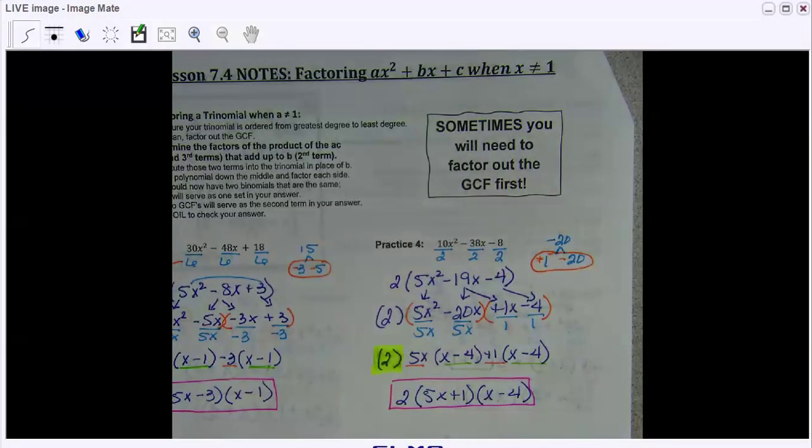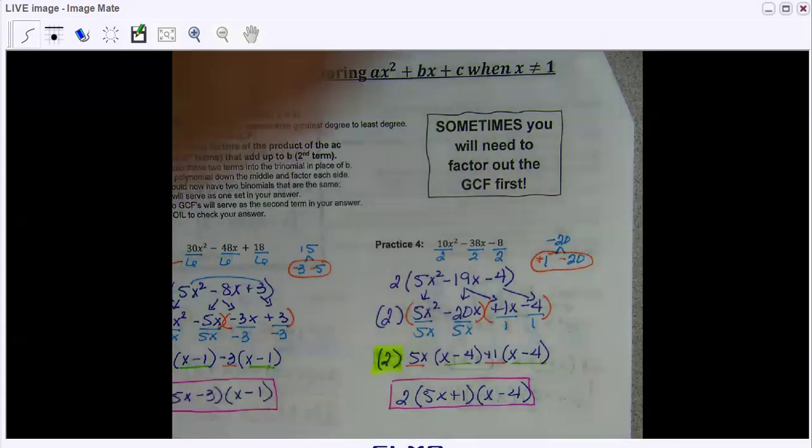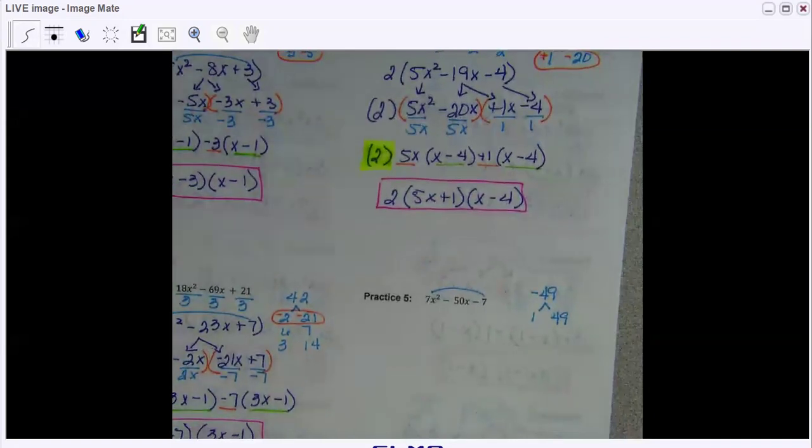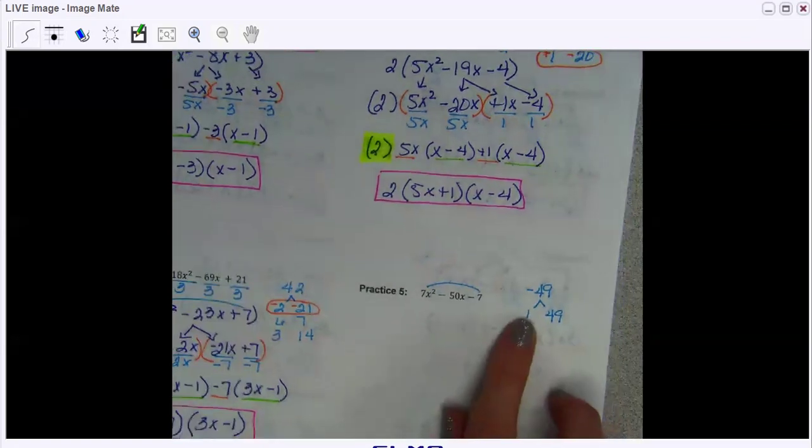Okay, here you go. Go ahead and check practice 4. All right, let's go down to practice 5. Did anyone try this one? Yeah? You're almost done with it? What were the two factors of negative 49 that would give you a negative 50? So which one would have to be negative because it's a negative 49?